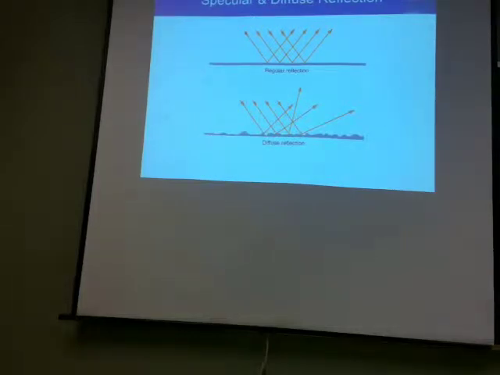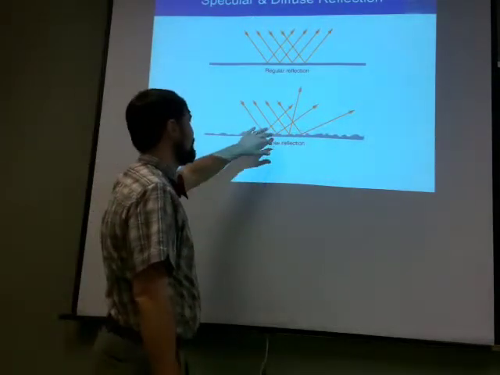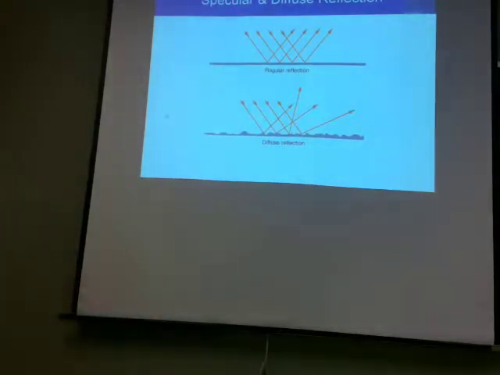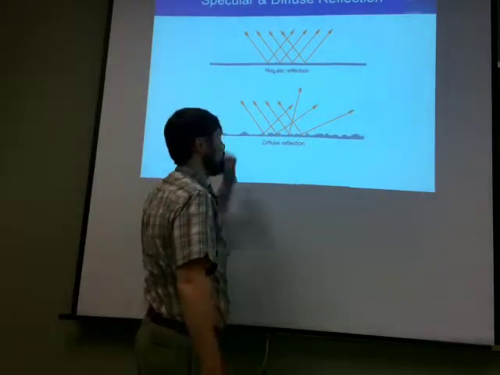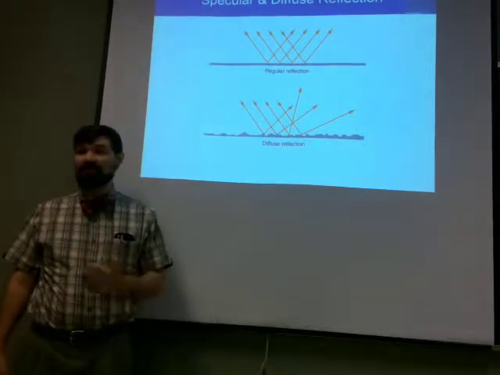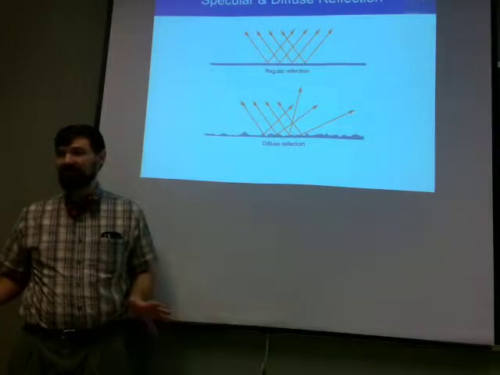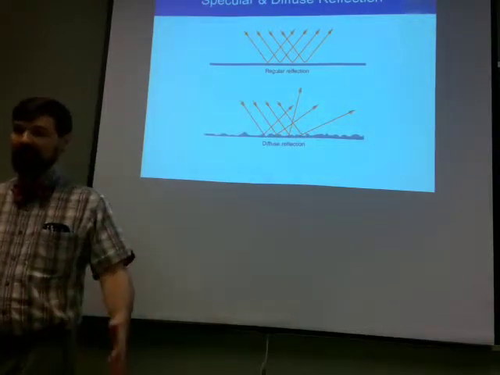I do have a diagram that kind of helps show what's going on with specular and with diffuse reflection. Basically, you have two different surfaces. This one right here is a really nice smooth surface. Think of a lake that has absolutely no waves on it. It's nice clear water.